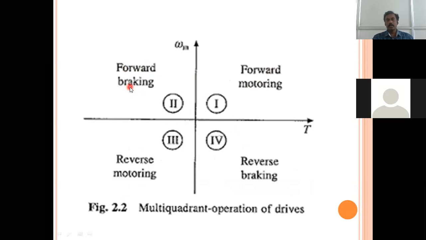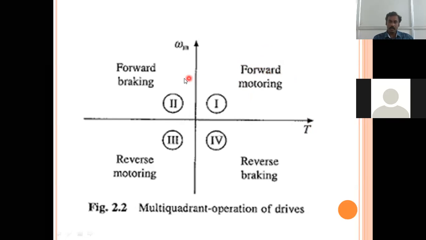The torque is dependent on the current, and the speed is dependent on the voltage applied across the motor, isn't it? Whenever the voltage applied across the motor is positive and the torque is positive, we consider the motor to be rotating in the forward motoring mode.